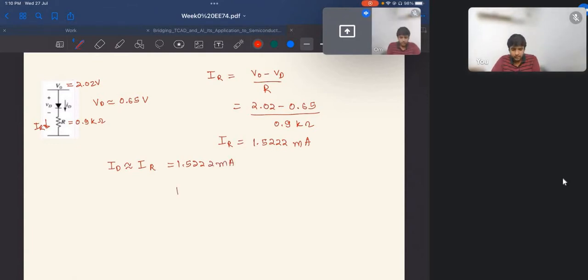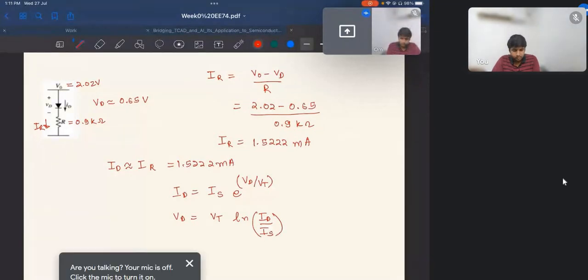Now we know for the diode ID equals Is times e to the power Vd by Vt, the ideal diode equation. So if we want Vd, it will be Vt ln(Id by Is), if we just rearrange this equation and take the logarithm.